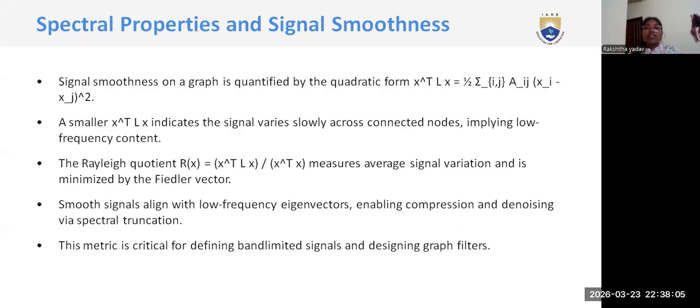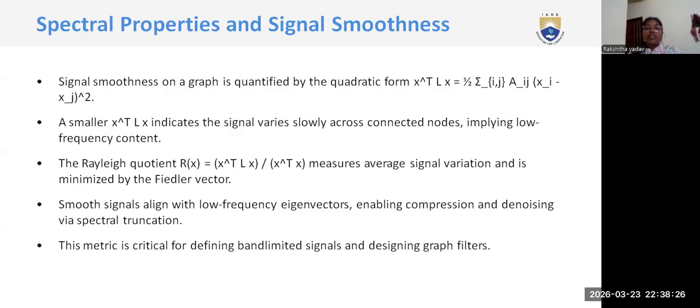Spectral properties and signal smoothness. Signal smoothness on a graph is quantified by the quadratic form x transpose Lx equals 1/2 sigma ij Aij (xi minus xj) squared.